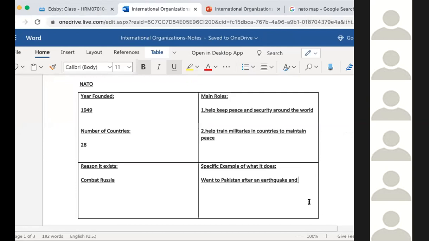They helped them out and gave them a lot of stuff. Like what? What do they give them? Food, medical supplies. Distributed food. There you go.